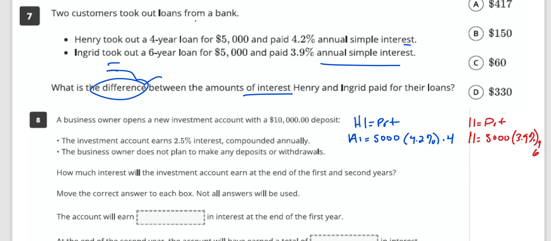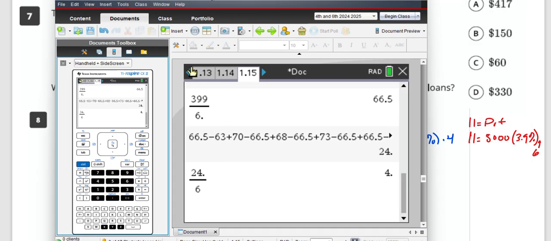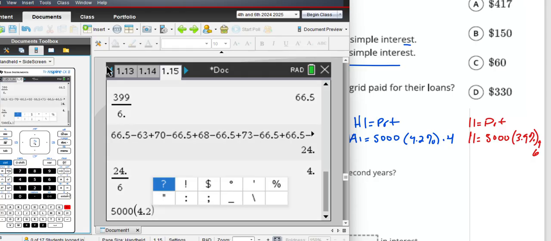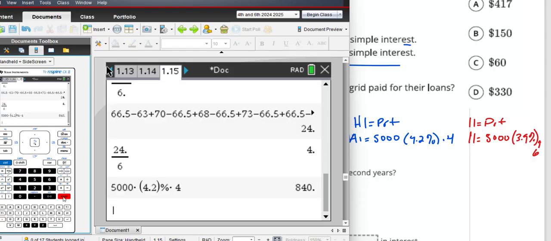So I'm going to get my calculator and type all that in there. Actually, I'm going to do it fast. 5,000, I'm not going to do the ends off just to save time. 4.2% times 4. Remember that right there is Henry's.